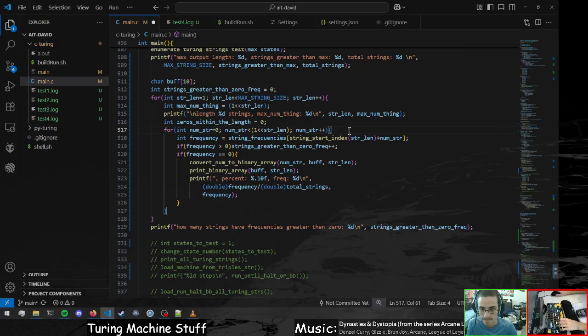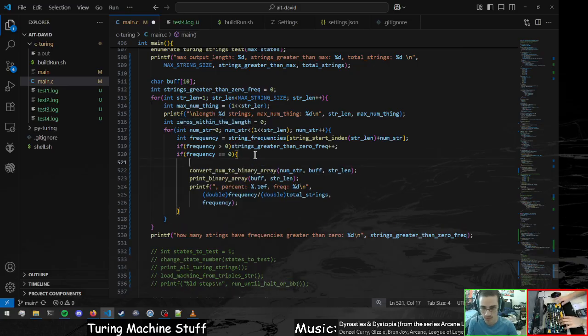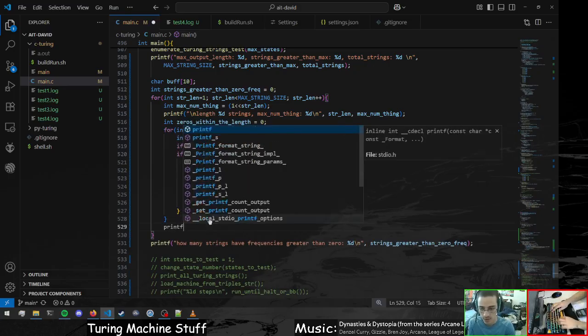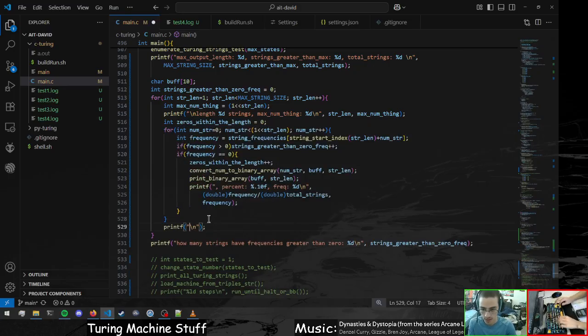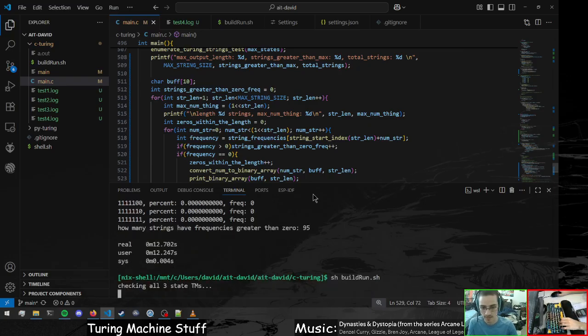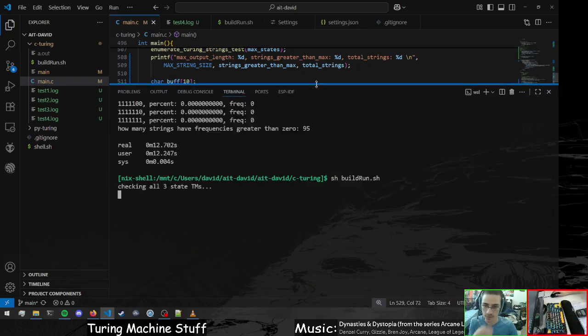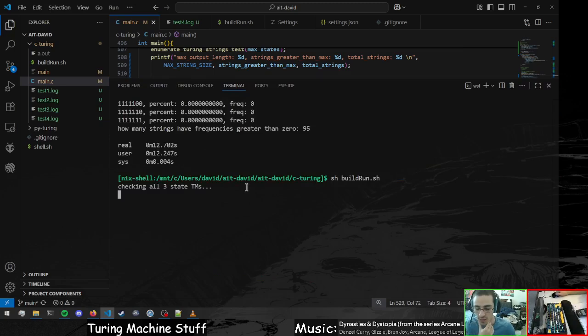And then here we're going to say plus plus. And then here we're going to print how many. Alright, this will give us more information.